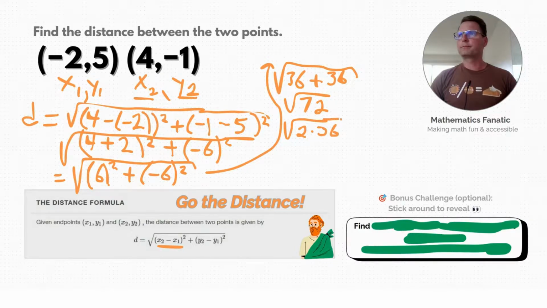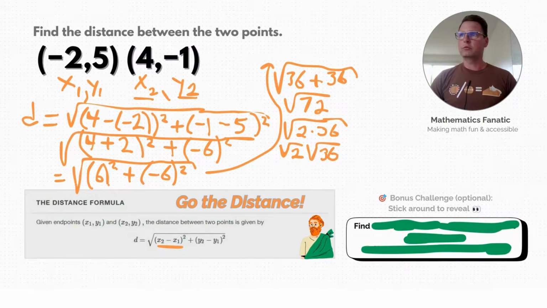Well, we have a rule that says if we have a product under the radical, we can split that out. The square root of a product is equal to the product of the square roots. And that's why we wanted to keep it in that form. Why? Because 36 is one that we know, right? So that's why we wanted to keep it in that form to make this easier.